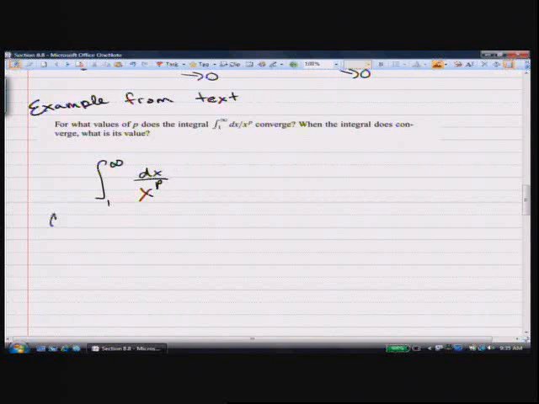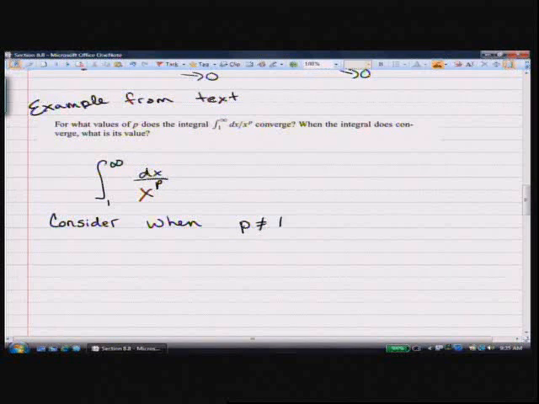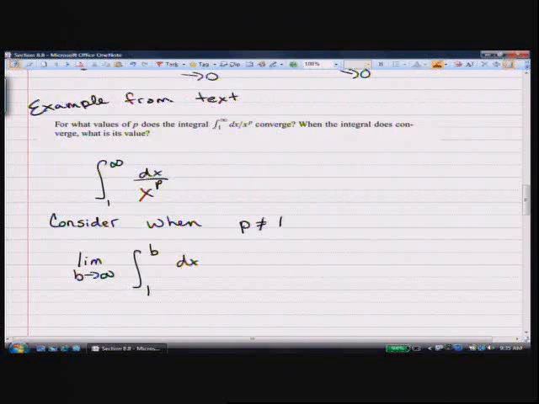So let's consider when p is not equal to 1, okay? So what we would do is look at the integral from 1 to b of dx over x to the p.